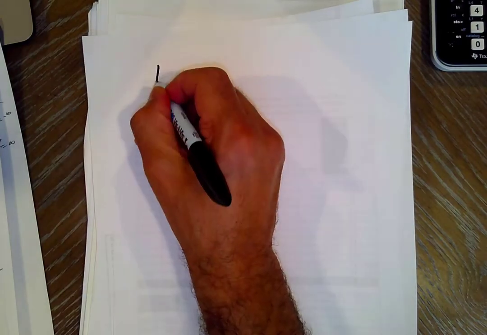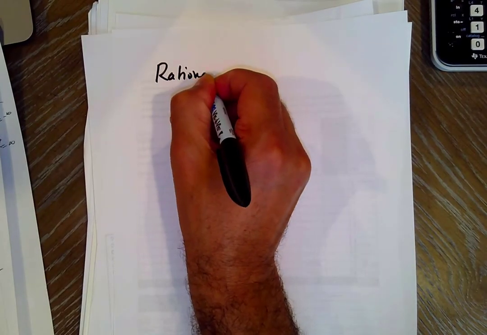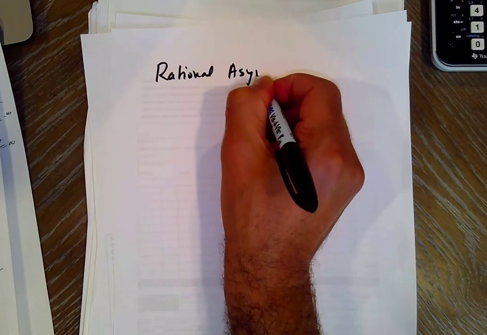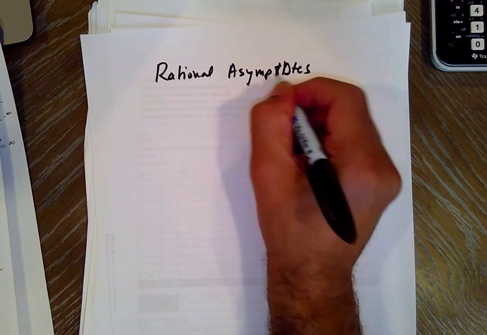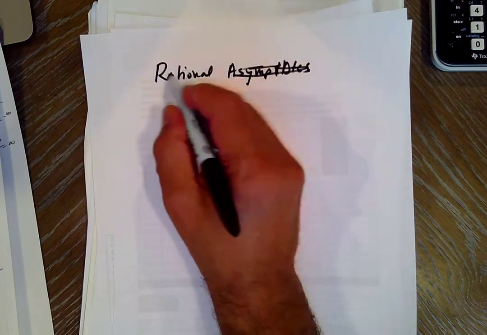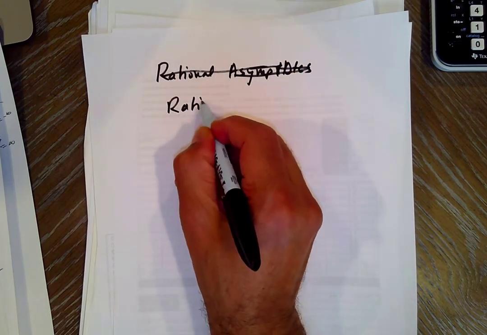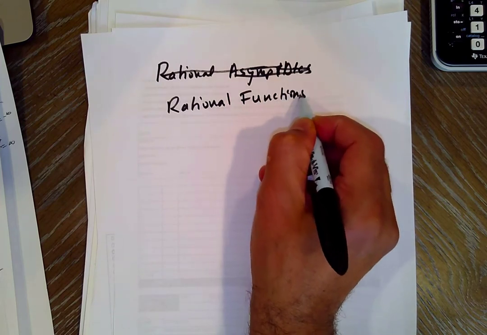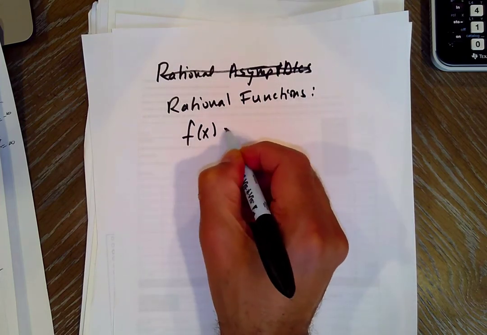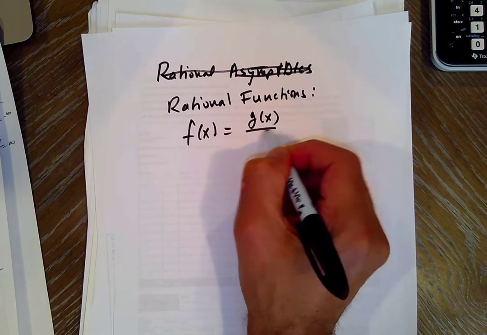Now, if you have rational functions, it's easy to find vertical asymptotes. If it's non-rational, then you're going to do the definition. For rational functions, f of x equals g of x over h of x.